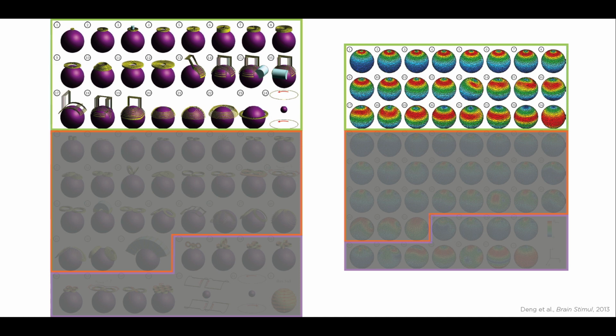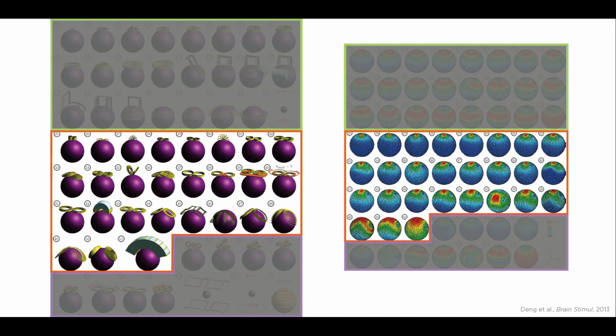The second category of coils are the figure-8 coils. These consist of 2 loops of wire next to each other, and the electric field is maximum where the 2 loops join in the middle, underneath the center of the coil. And so you can see here that many of the commercially available treatment coils are figure-8 types, including ones from MagStim, MagVenture, and Neuronetics. Figure-8 type coils also come in various sizes and shapes.